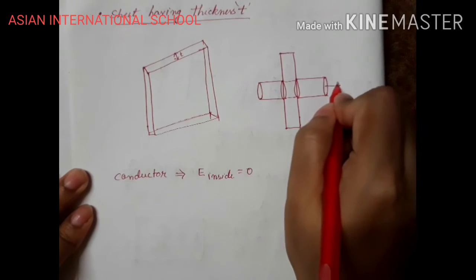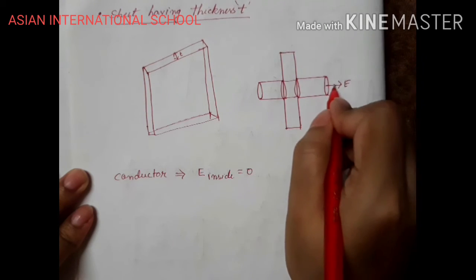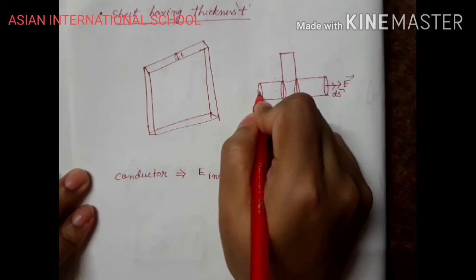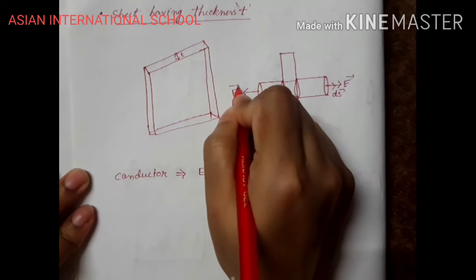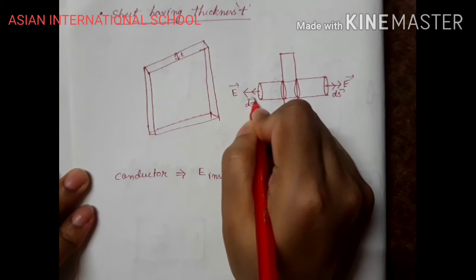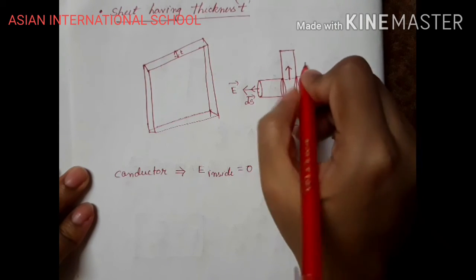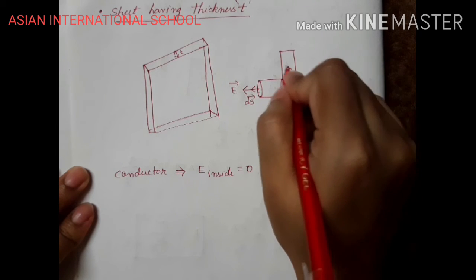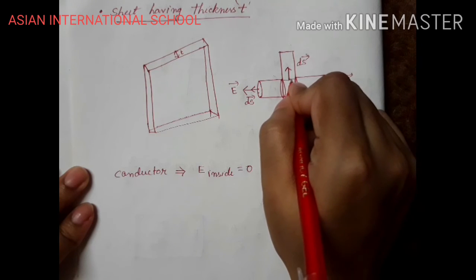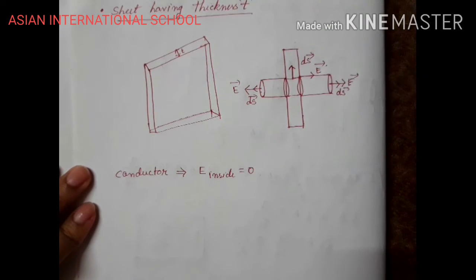Here your electric field and dS are along the same direction. Through the curved portion, this is your direction for the area vector, and this will be the direction for your electric field, making an angle of 90 degrees.